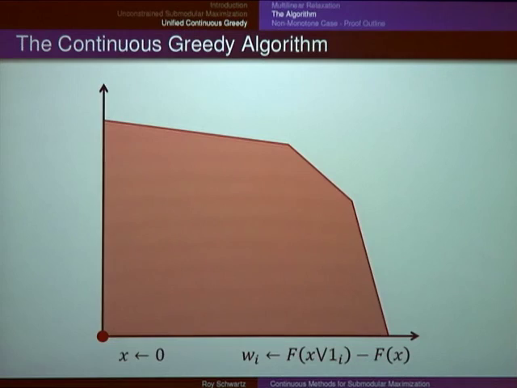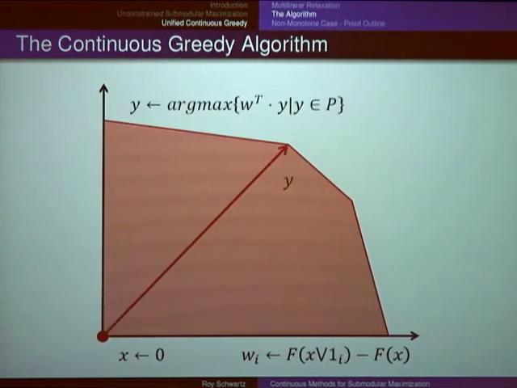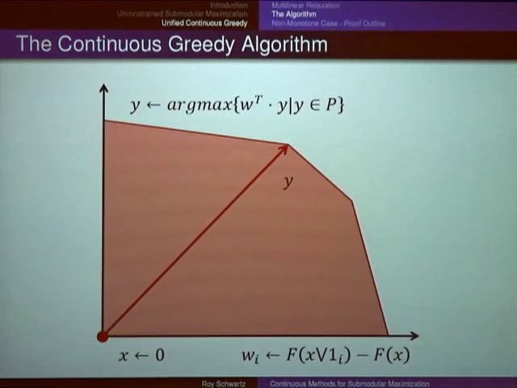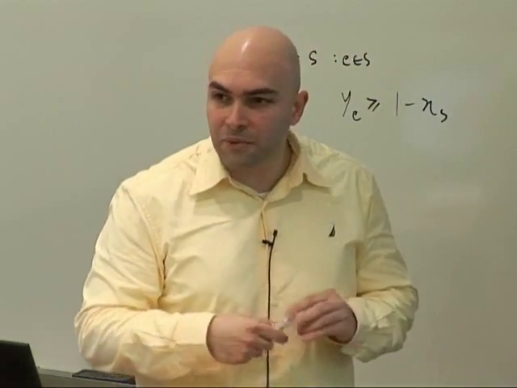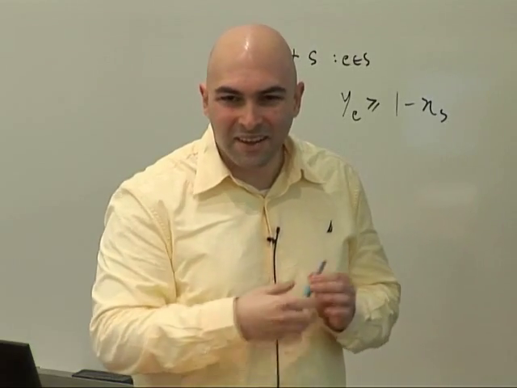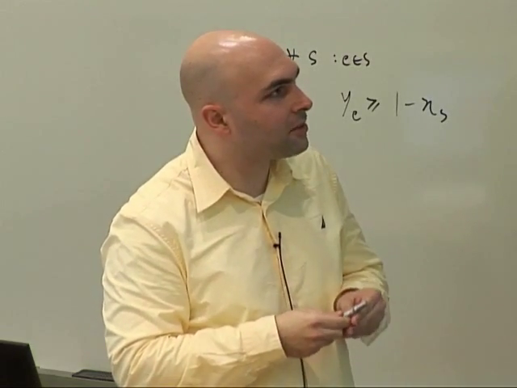Once we have these weights, we can find the best point in the polytope that maximizes them as a linear function. Intuitively, why do we do this? As I'll just mention, without proving it, the multilinear extension is extremely locally almost linear in directions parallel to the axes.